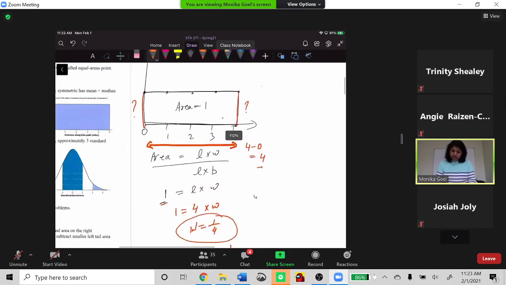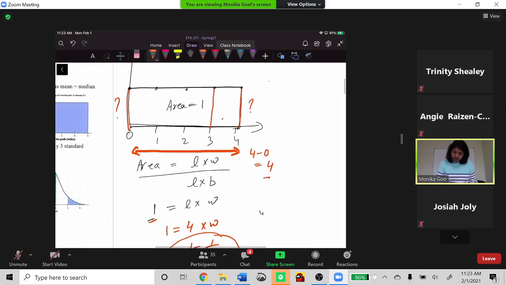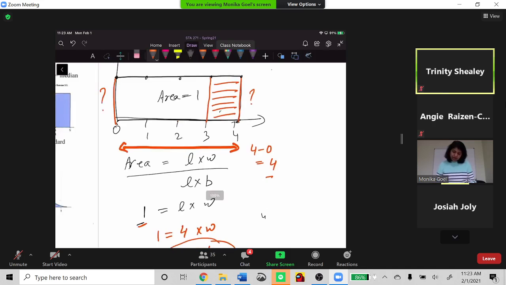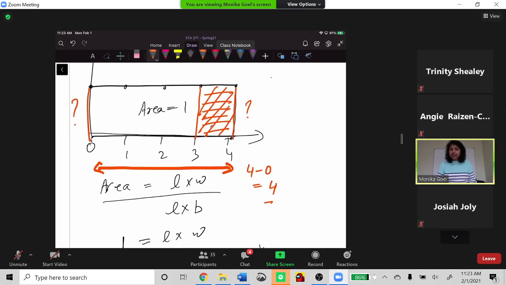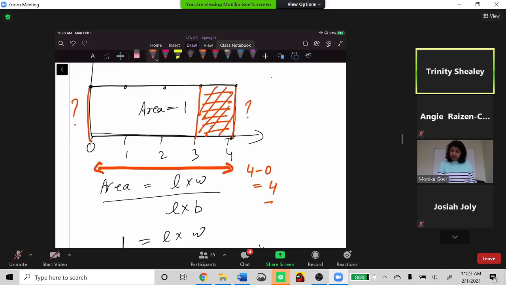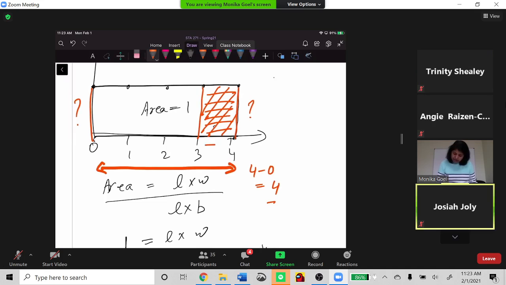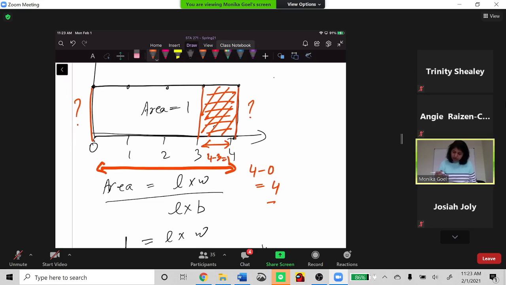But if I need to look for area of only this part, can I find that using the information that I have? Yes, so let's see. If I'm looking for the area only for this specific part, what is my length in this case? 1. And how? You can think of that as A and B, which is 4 minus 3, 1. So my length is 1.